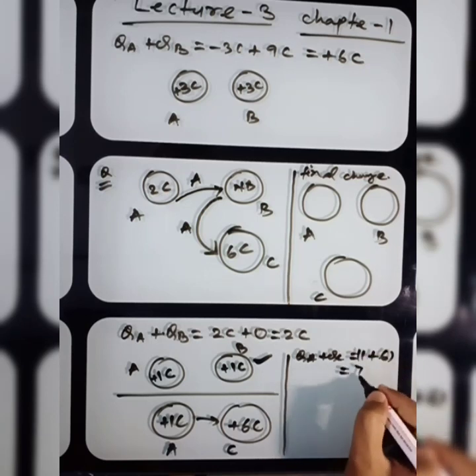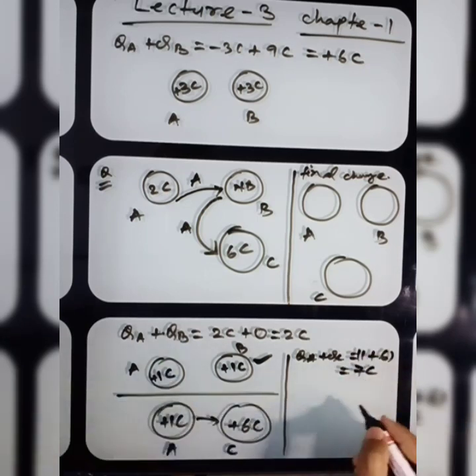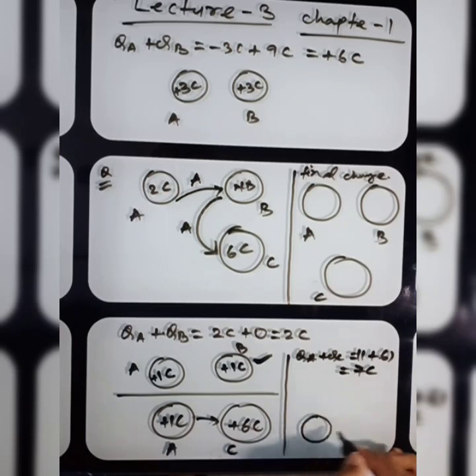How much is it? 7 Coulomb. Since the charge will divide equally on both A and C, how much is it? 7 by 2, 3.5 and 3.5 Coulomb.